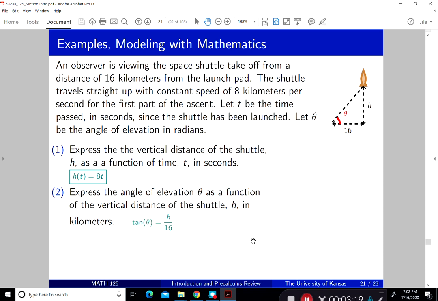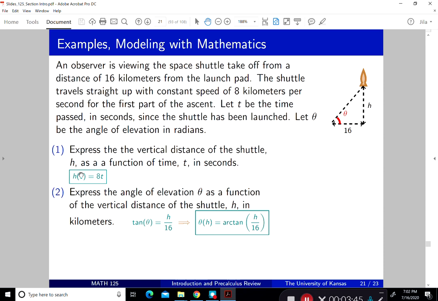I use that first, but this question is asking to find theta as a function of the vertical distance. I related theta and h and no other variable in here, and that's the first part that I wanted to do. Now I want to solve for theta, so theta would be a function of h. And solving for theta, I get theta of h.